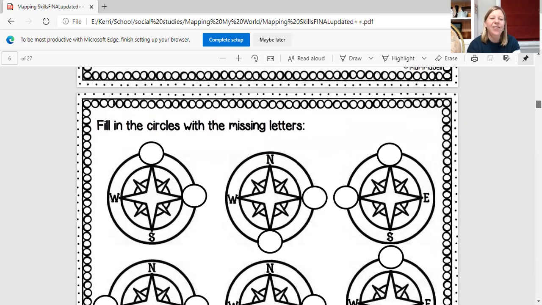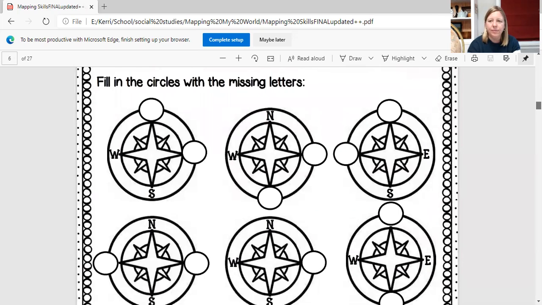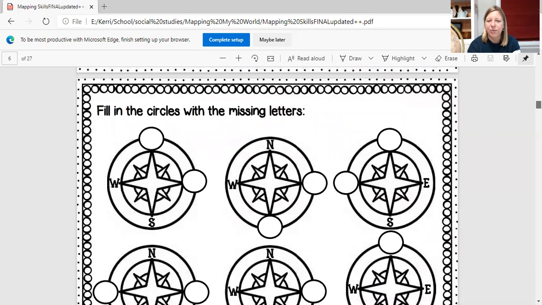All right, and now the third page. Actually, I think it's the fourth page. Fill in the circles with the missing letters. So using the compass that is already filled in on page 3, fill in the circles of the missing letters. So you need to have north and south and east and west.